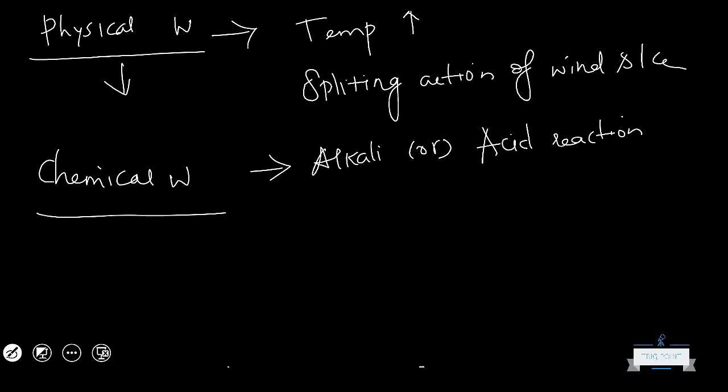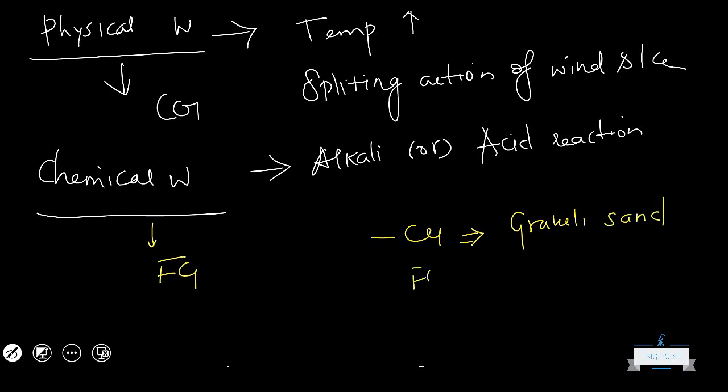Generally, in physical weathering, coarse grained soils are formed. In chemical weathering, fine grained soils are formed. Coarse grained soils are gravel and sand. Fine grained soils are silt and clay.